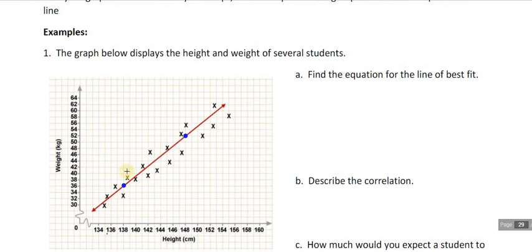My first ordered pair is going to be 138, 36. So that's X1 and Y1. And my second ordered pair is 148 and 52. So that's X2 and Y2.